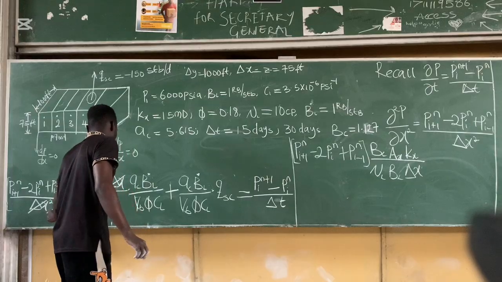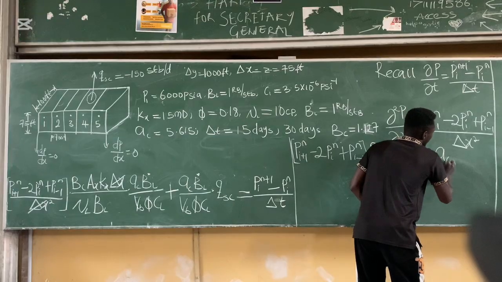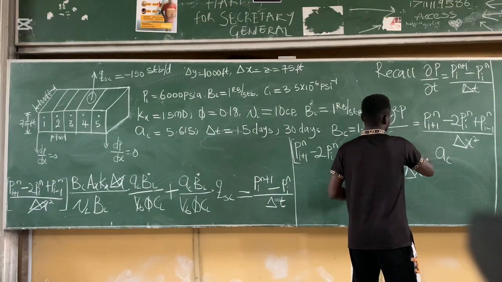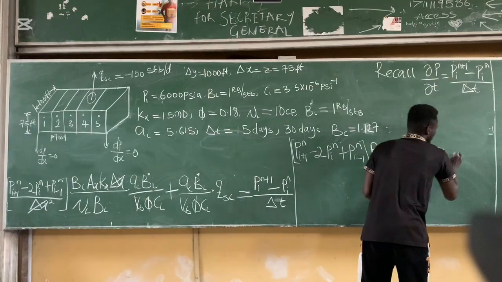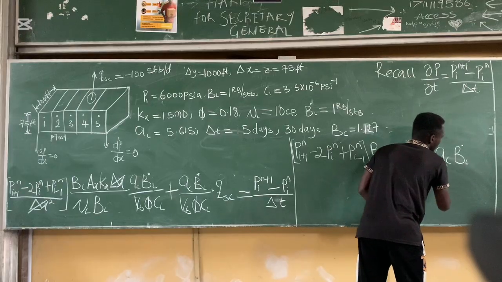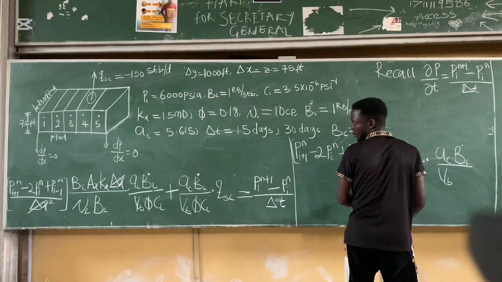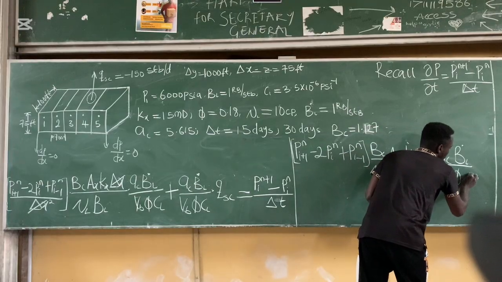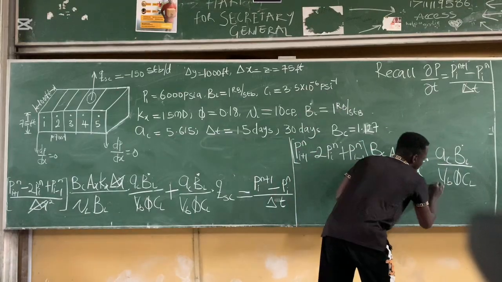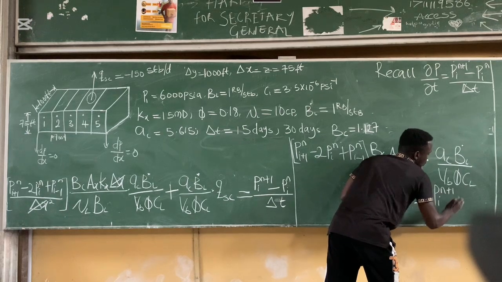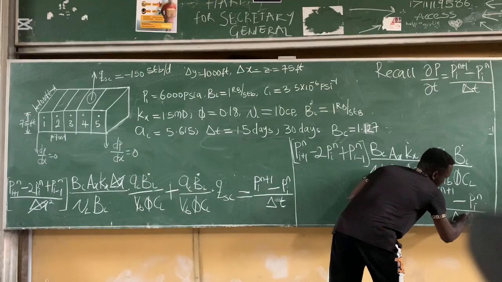So this delta x that's remaining here now will be here, then multiplied by A_c B_L dot divided by V_b phi c_L. This is equal to P_i^(n+1) minus P_i^n divided by delta t.